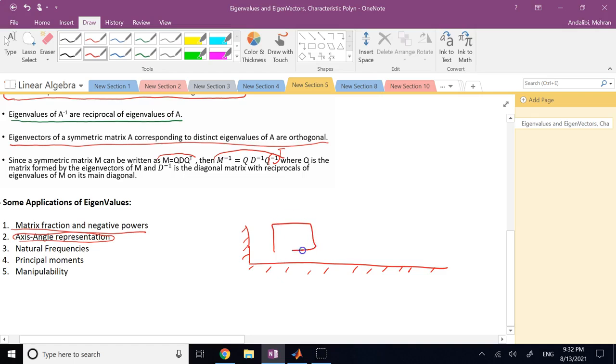So I have a cart number 1 here, and it is attached by a spring to the wall. This is K1, this is M1, attached by K2 to M2. And maybe this K2 is also attached to another wall by K3.